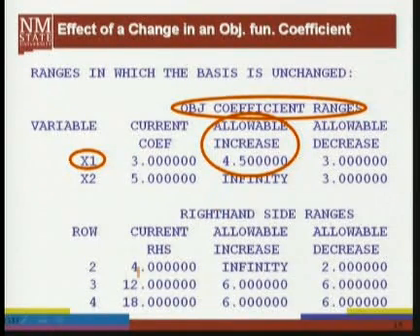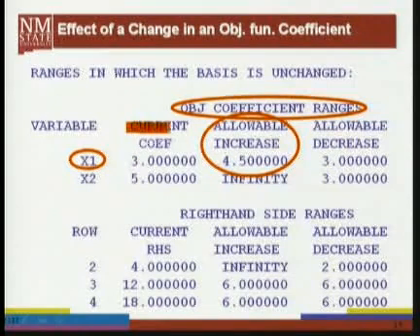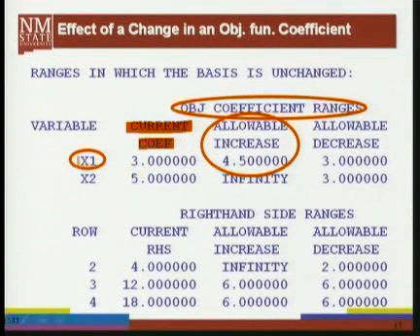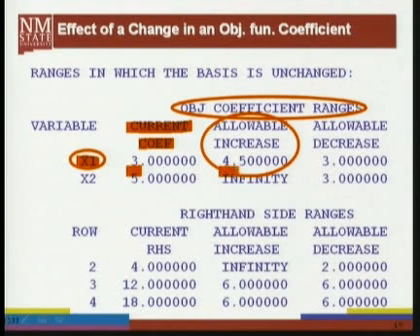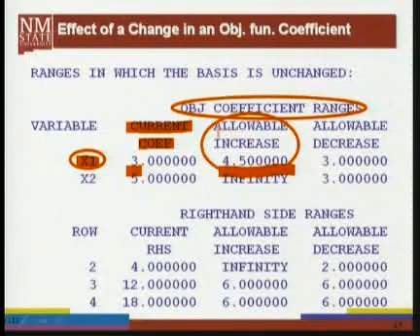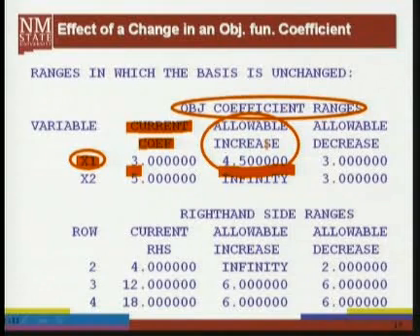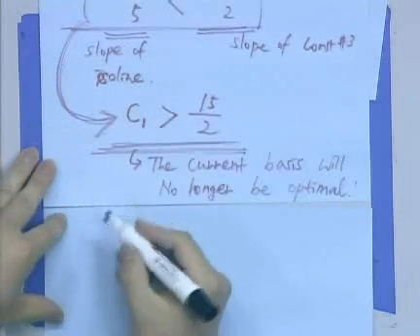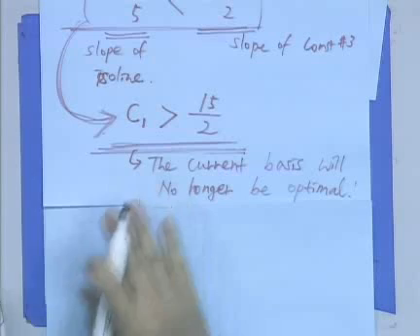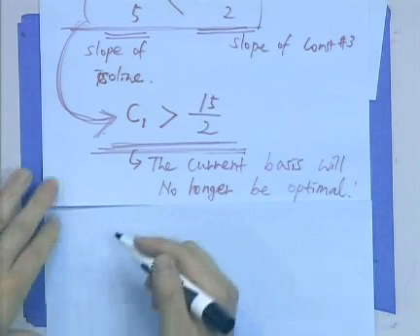And currently, the C1 is 3, right? Here, the current coefficient value for x1 variable is 3, right?